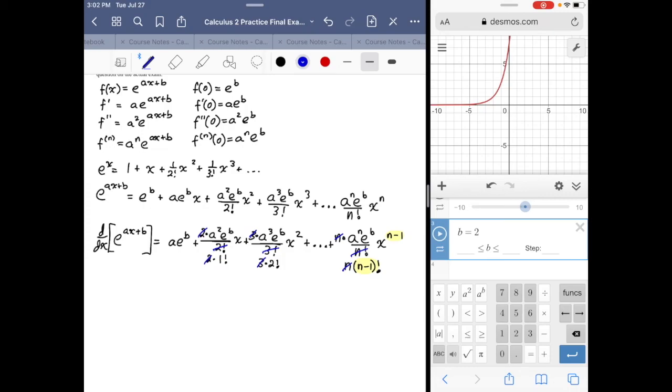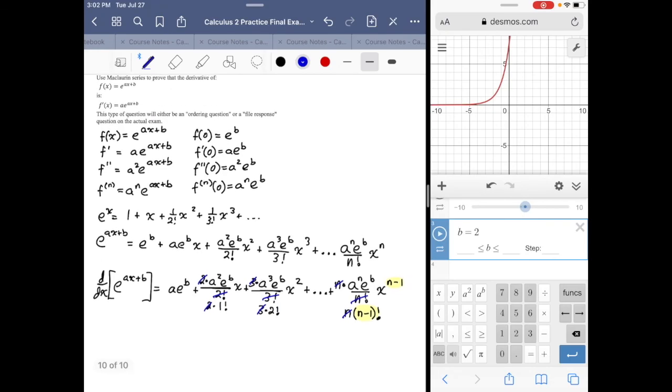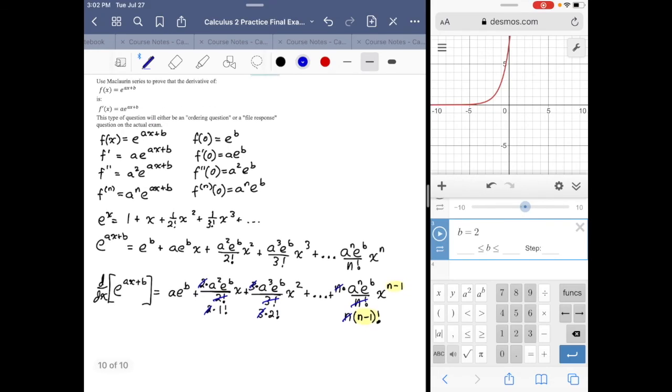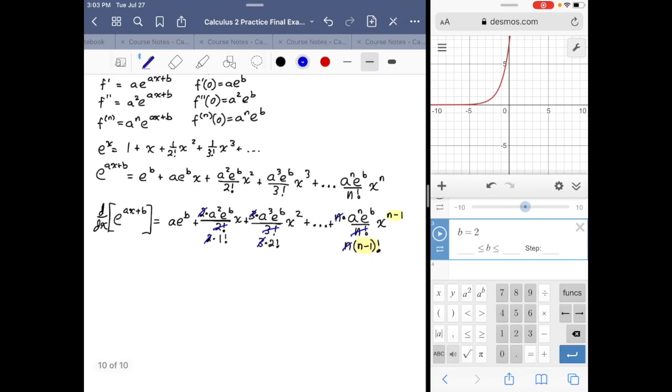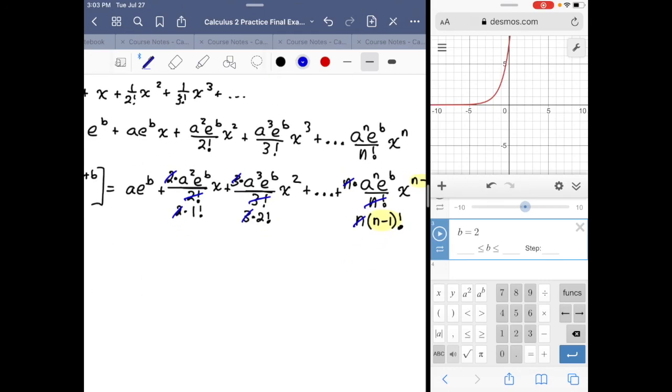Now, that being said, our goal here is not to come up with a series representative of the derivative, if you reread the question. It's actually to prove that f prime of x is a times e to the ax plus b. All right, so I'm going to rewrite this, make it look a little nicer.